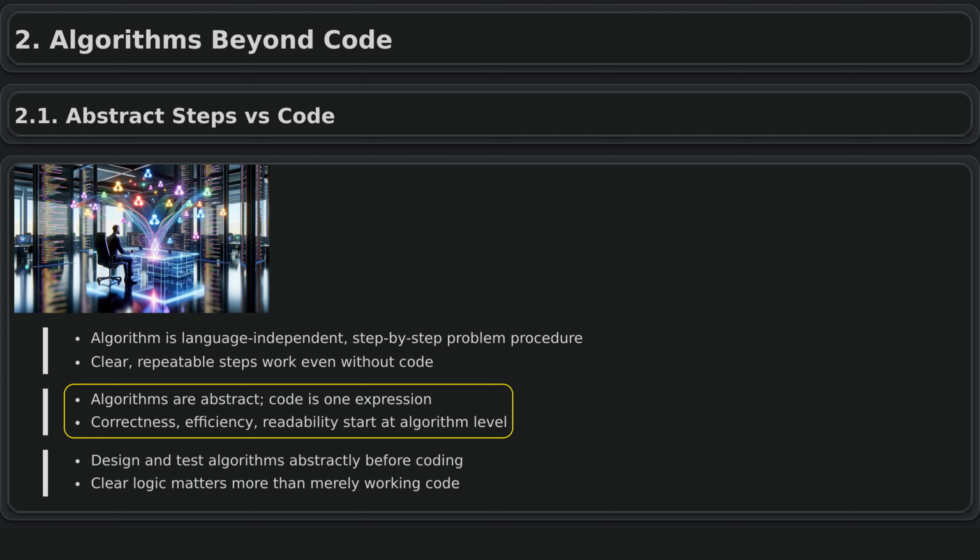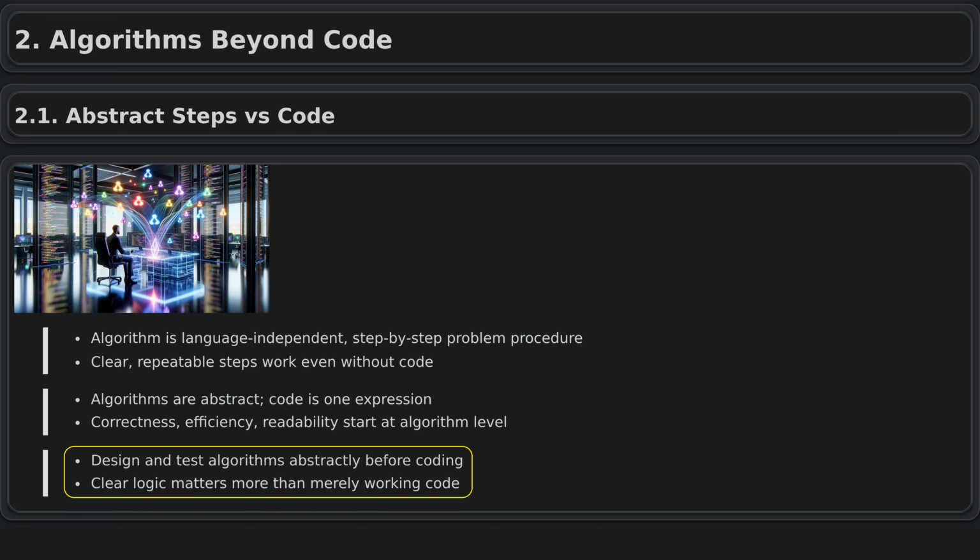Efficiency is about how many operations the algorithm needs and how that work grows as the problem gets larger. Readability is about making the algorithm's steps clear and easy to follow, not just polishing the code's surface. If the underlying algorithm is complicated or poorly structured, no amount of code cleanup will make it truly understandable.